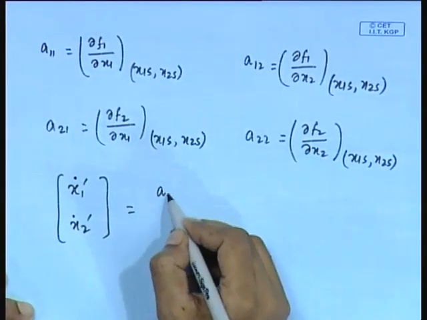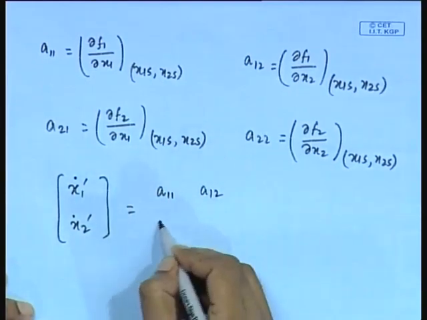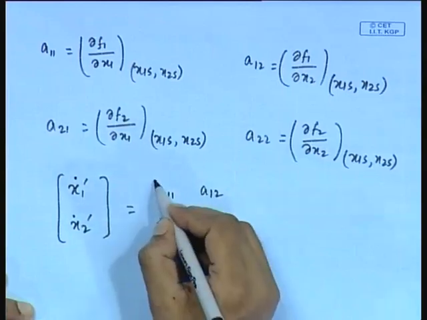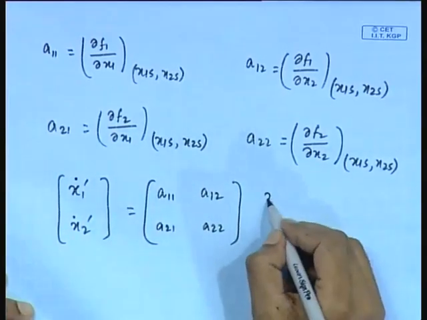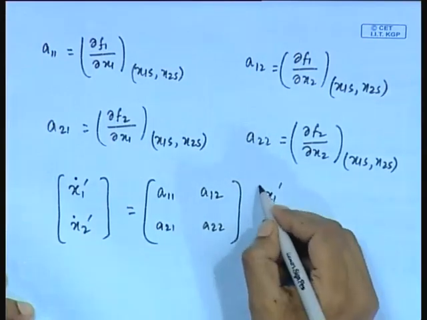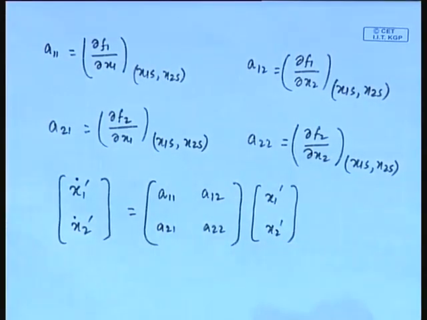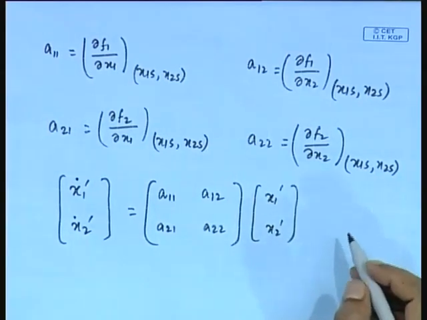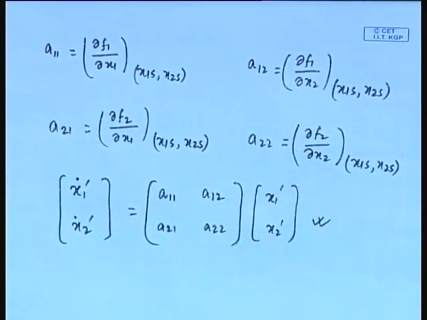So, the coefficient matrix A11 A12, A21 A22, multiplied by x1 prime, x2 prime. Fine. Is this equation okay? So, this is the linearized form for a multivariable system. In this multivariable system, we have considered only two state variables. Similarly, we can derive the expressions for more than two variables.